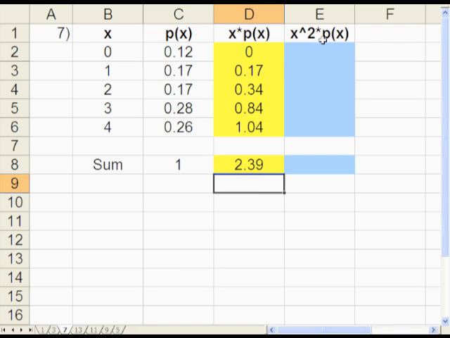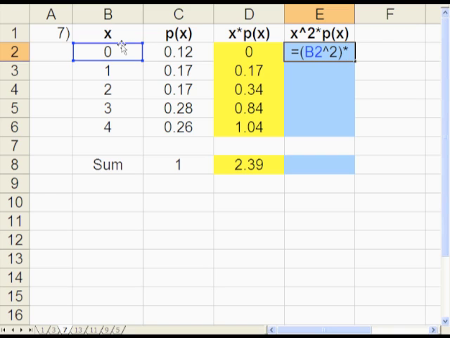Let's find the x squared p of x column of values. Equal. I'm going to use a parenthesis, the first data value, raised to the second power, times its probability. And we get the value 0.